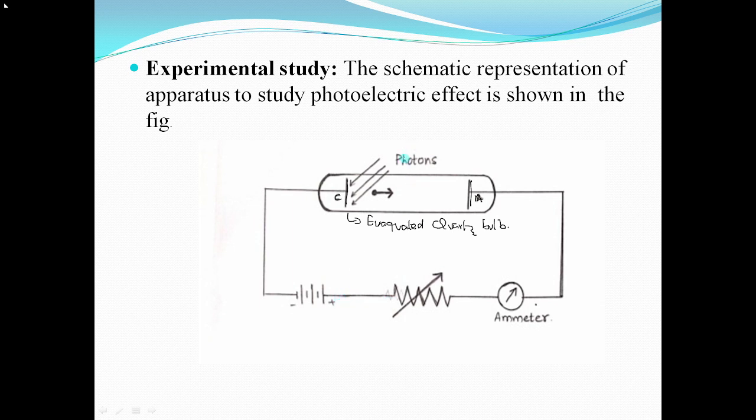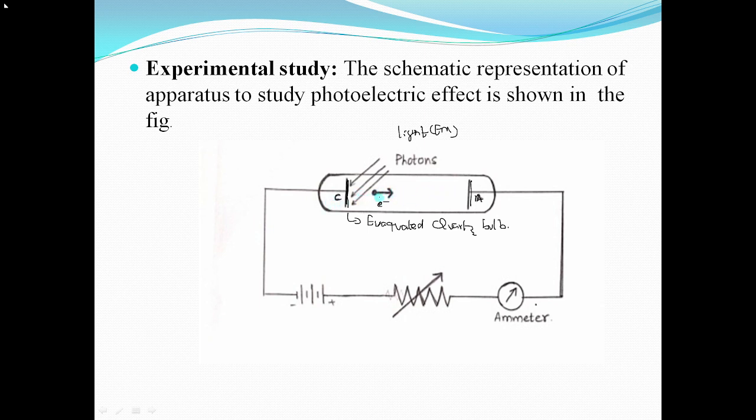See here, when photons, that is light or electromagnetic radiation, fall on the metal surface, this is the metal surface, the cathode. When it falls on the cathode, what happens? Electrons get ejected. These are the electrons getting ejected. They move from cathode to anode, opposite to the electric field.